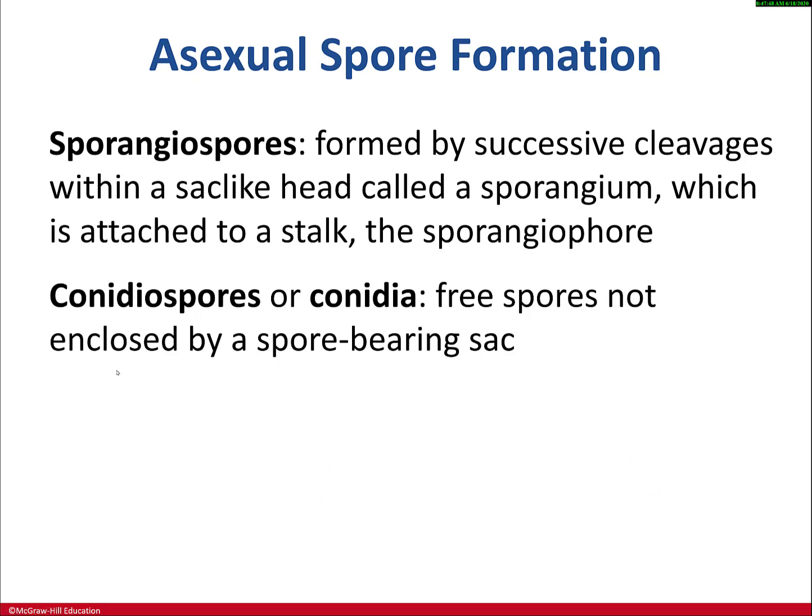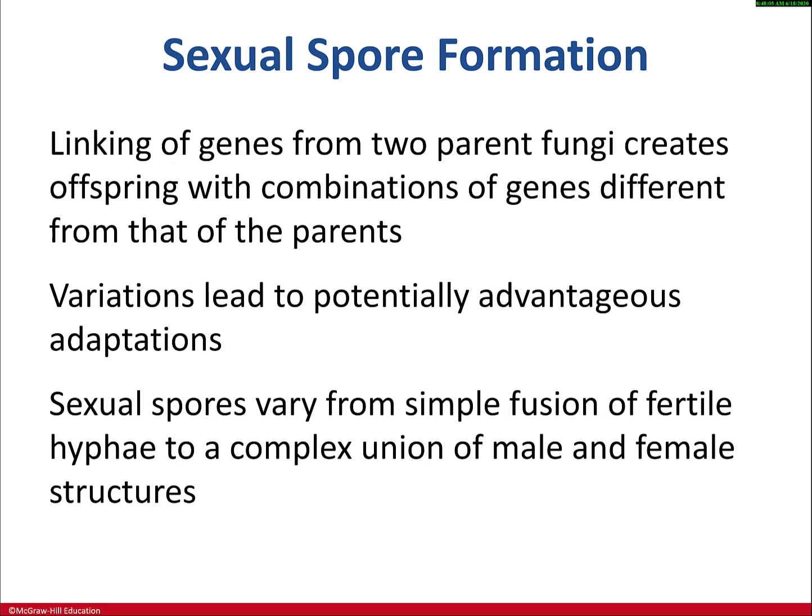Sporangiospores are formed by successive cleavages within that sac-like head called a sporangium, which I just showed in the pictures. Conidiospores or conidia are free spores not enclosed by a spore-bearing sac. Kind of just terminology there.